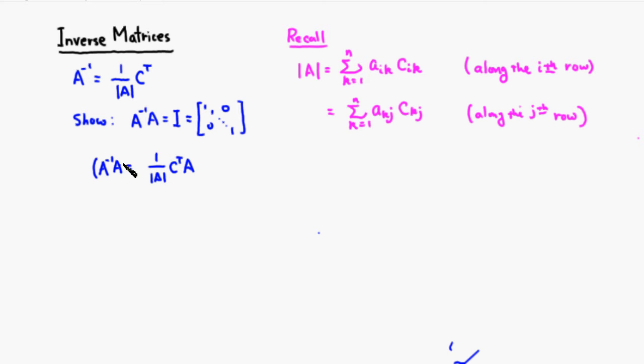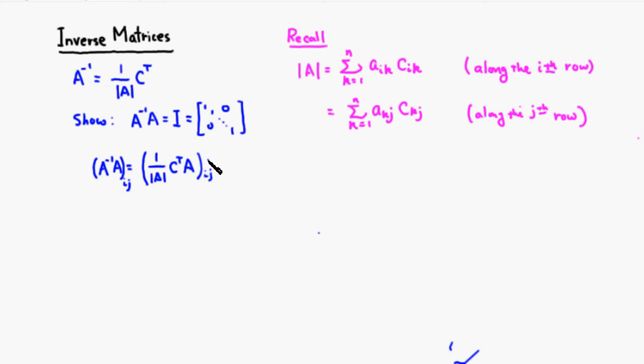So I'm going to use this notation. This is the ith row, jth column element.